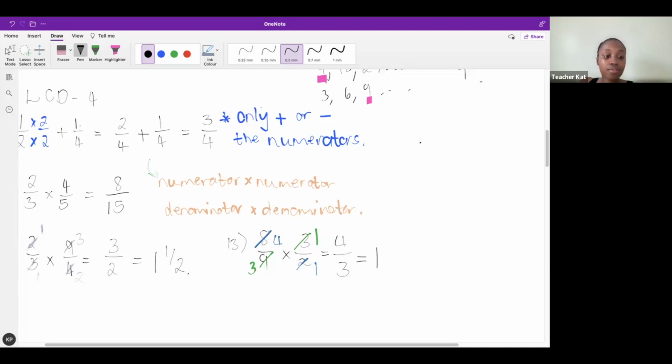Remember, 1 is 3/3, right? So if you've taken away the 3/3 over there, you're left with, nice, Nompumelelo, a third.